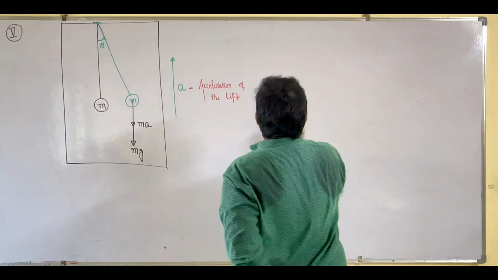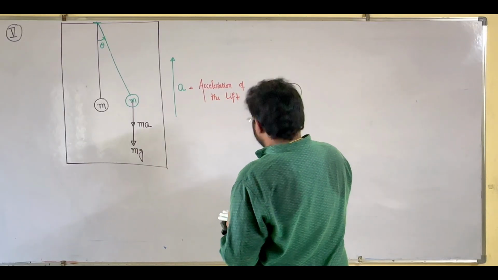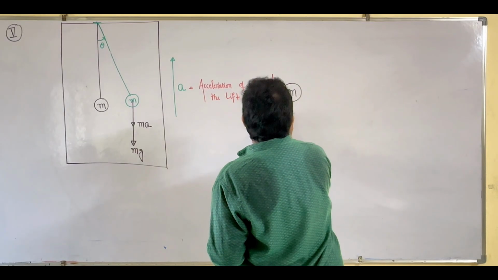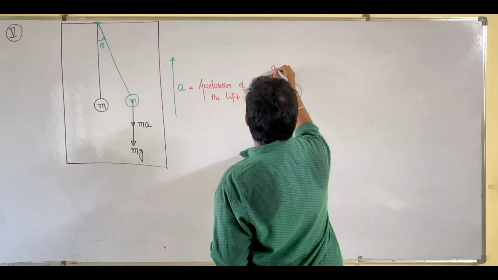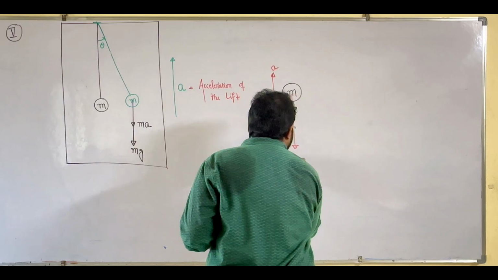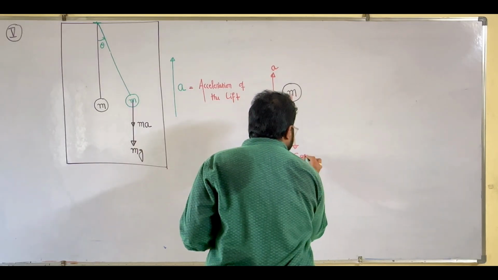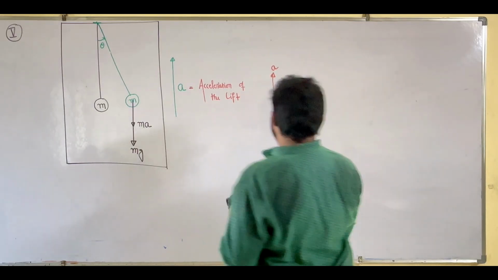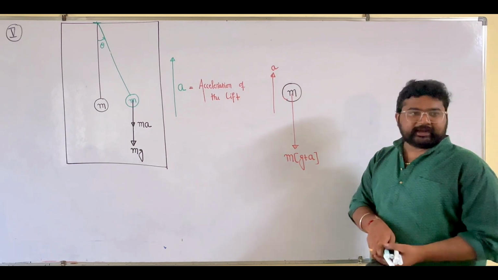So we can take the acceleration as A. Net force is M into G plus A. Understood?